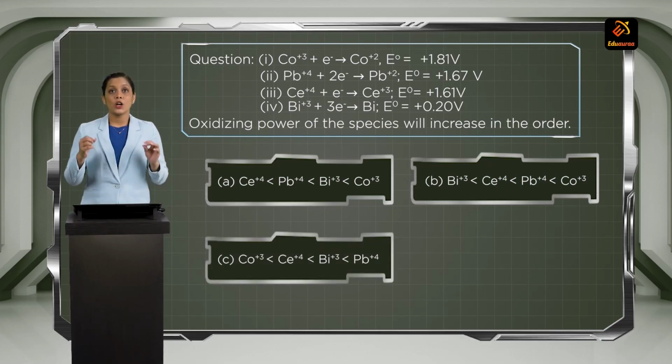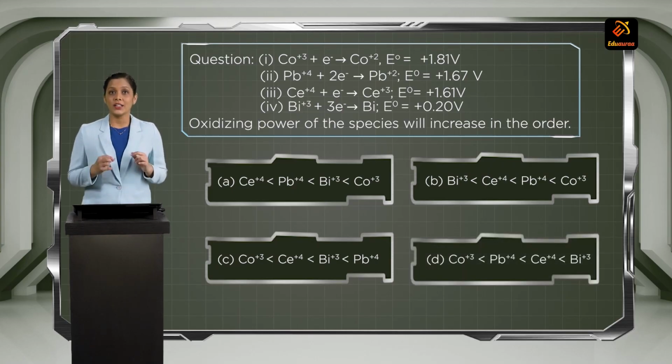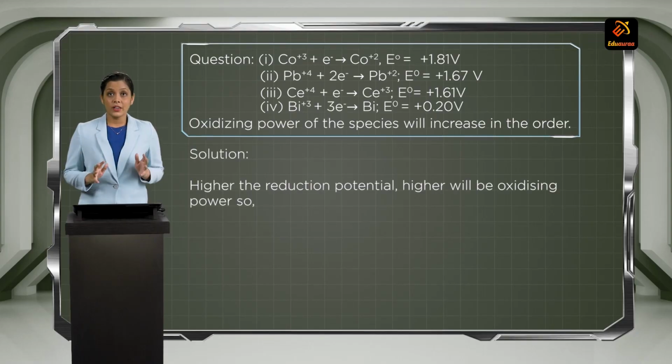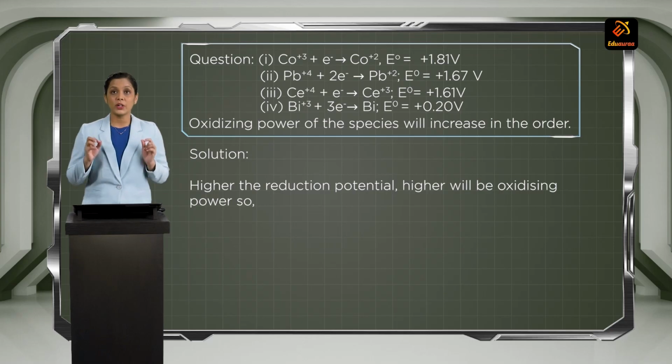Option C, cobalt plus 3 less than cerium plus 4 less than bismuth plus 3 and less than lead plus 4. And option D, cobalt plus 3 less than lead plus 4 less than cerium plus 4 and less than bismuth plus 3. Now students, keep in mind, higher the values of reduction potential, higher will be the oxidizing power.